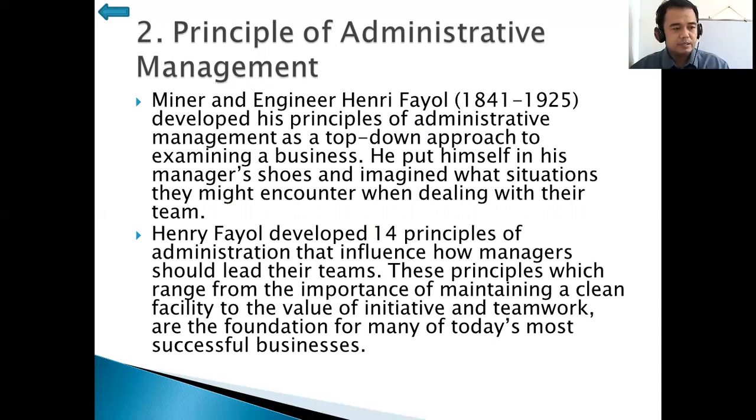Based on his experience, he put down the 14 principles of administration that influence how managers should lead their teams. So based on his experience, how will a manager lead his employees?